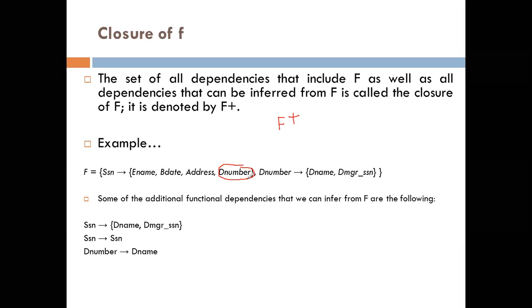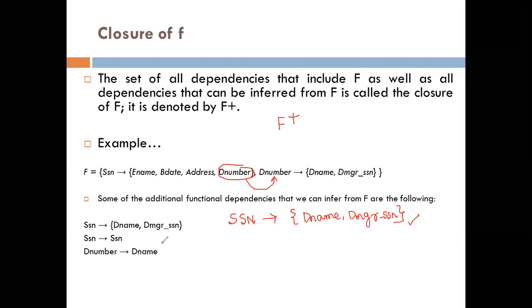Further, this department number is determining the department name and the manager SSN. So with this, we can conclude that SSN is determining the department name and the manager SSN.